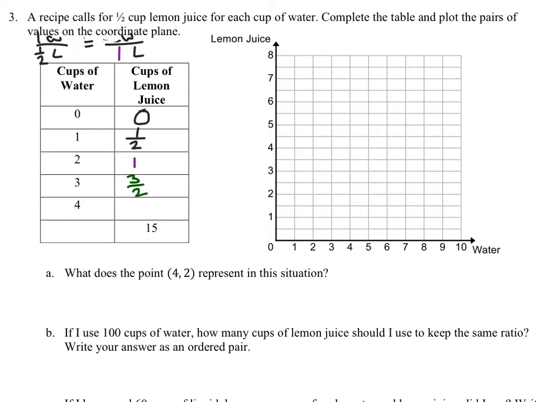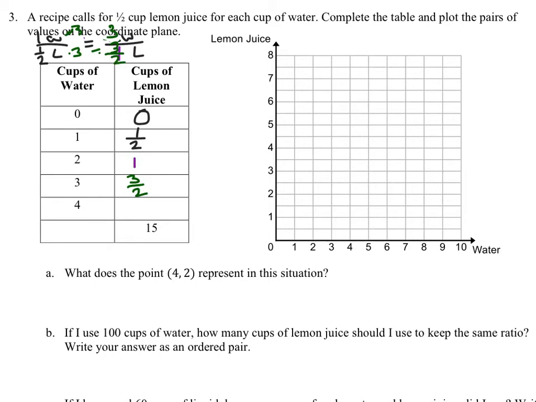No mixed numbers. We want to show this is 3 halves right here, because we're looking for 3 cups of water, right? Did you have 1.5? Yeah, that'd be fine. So I'd have to multiply the 1 by 3 and the 1/2 by 3 as well to get, well, that would be 3 halves right there. That's better.